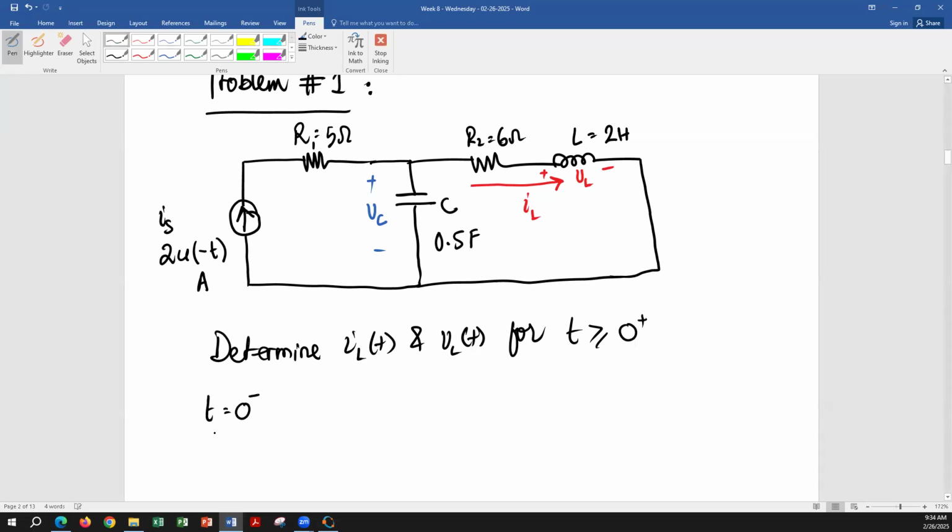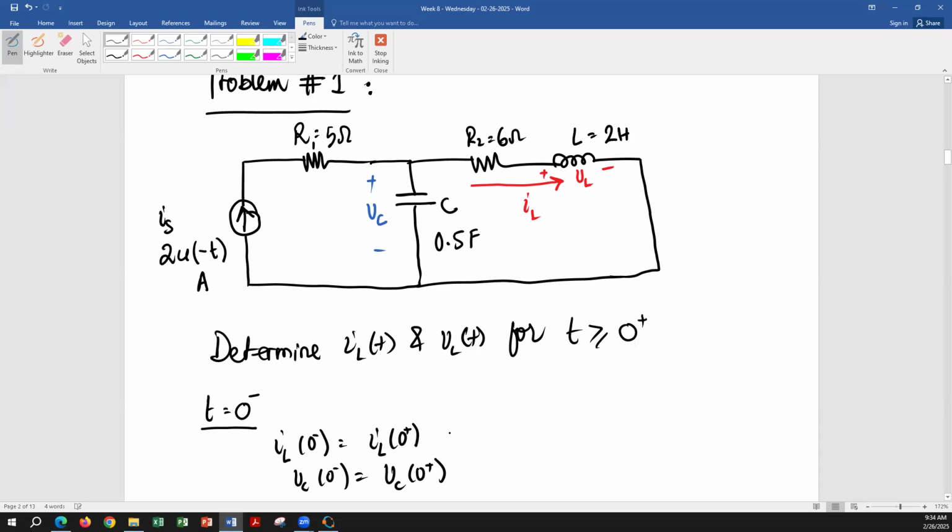At T equals 0 negative, or T less than or equal to 0, but specifically just before the change happens, we are going to find IL(0 negative), which will be equal to IL(0 positive), and VC(0 negative), which will be equal to VC(0 positive).